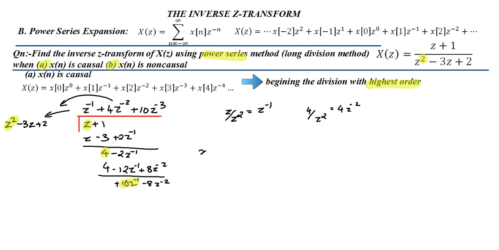So x of n: there is no constant term, so the term at 0 is 0, and then we write 1, 4, 10, etc. This is a causal signal. We'll do the next case.